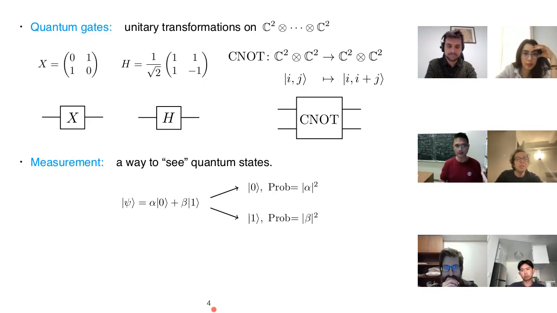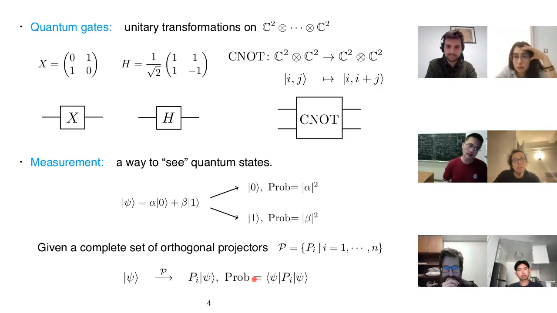Say we have a quantum state psi, which is the superposition of the 0 and 1 states. By measuring the state, we get either the 0 state or the 1 state with a probability which is proportional to the norm square of the coefficients in front of the basis states.